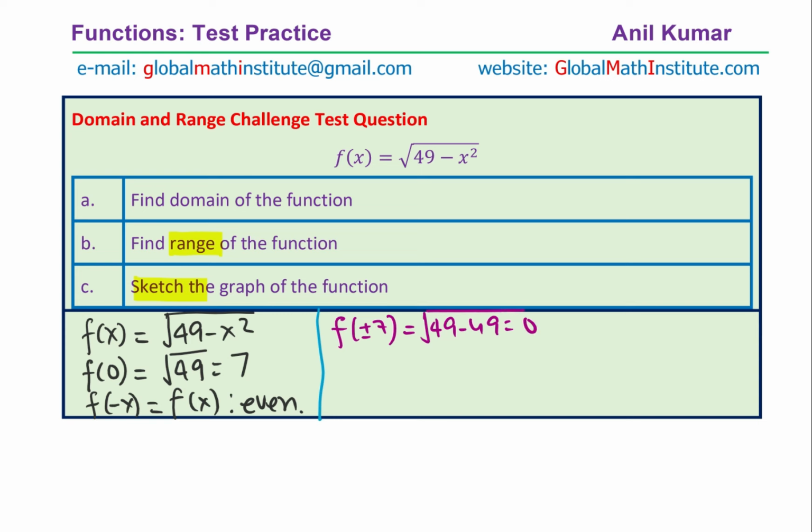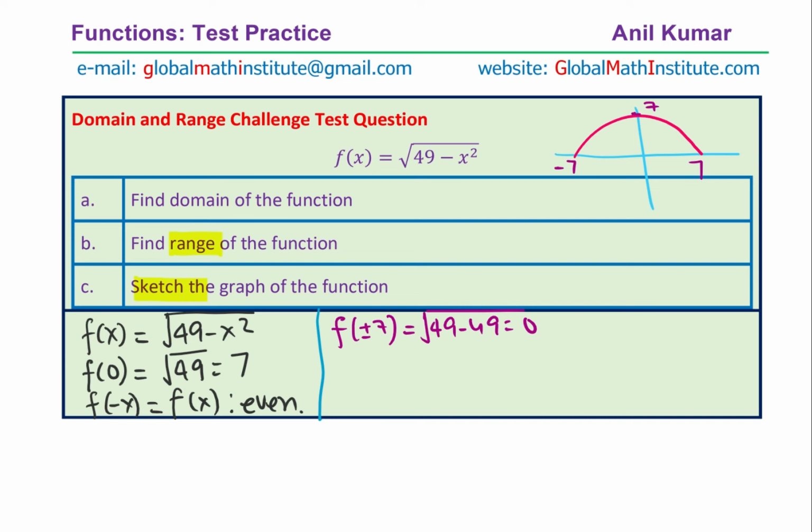So from all this, you could clearly sketch the graph of this function. Let me do it here. And what do you notice? The function is a semicircle. It is always positive, right? Where at minus 7 we have a 0, plus 7 we have a 0, and at 0 we have 7.